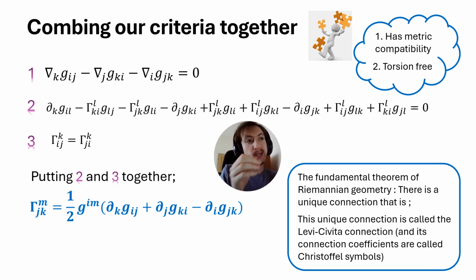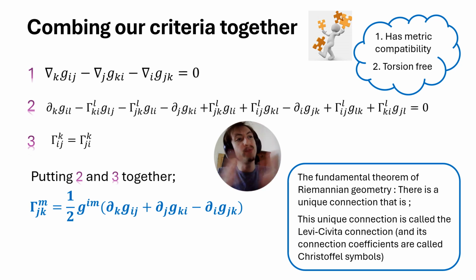Now, through this video, I've sometimes, instead of saying connection coefficients, said Christoffel symbols. You might wonder where that comes from. I hope I said that the right way round.